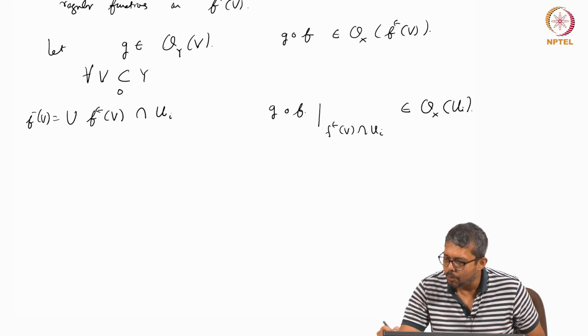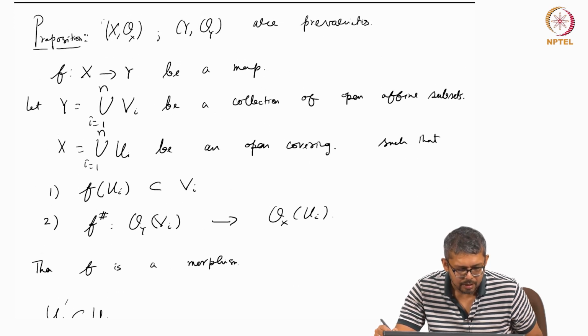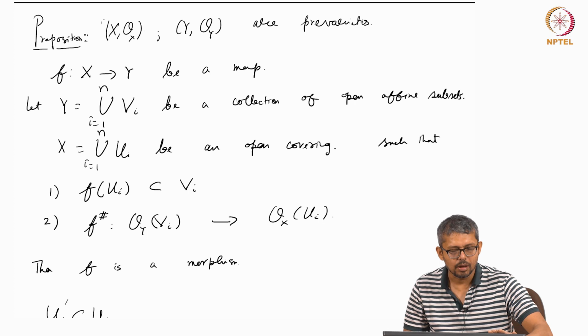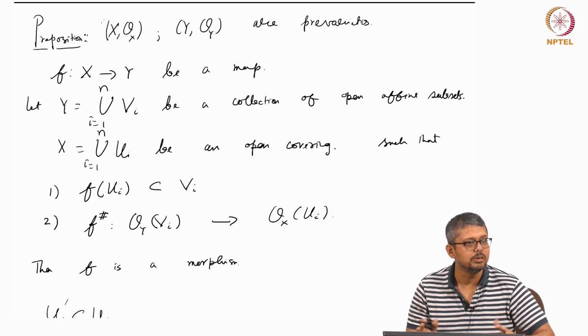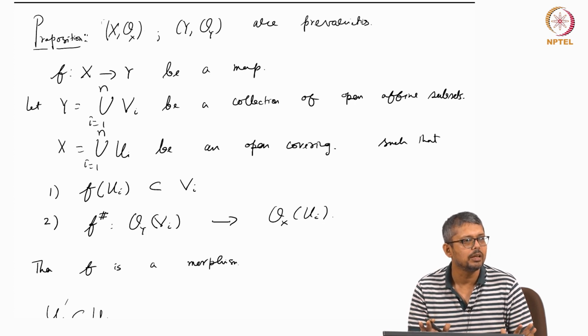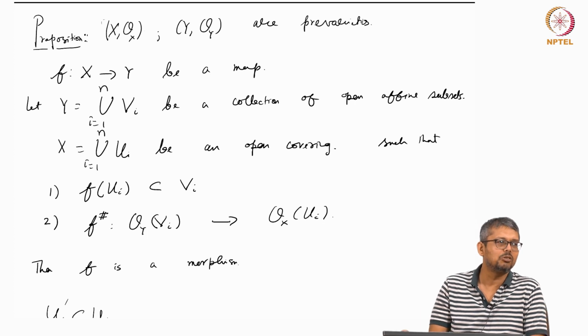So the point is that you don't have to check for all open subsets, you just have to check for some certain open covering. You construct some open covering, and in projective space, one such open covering exists.